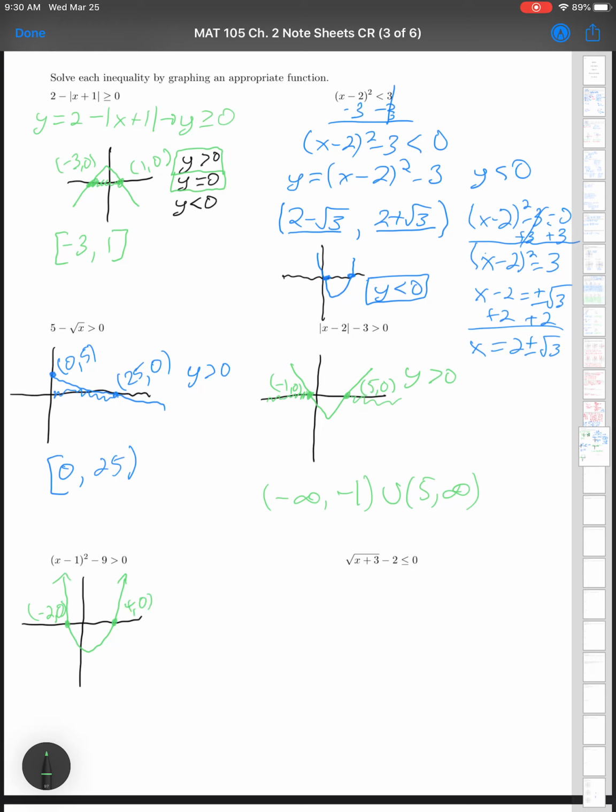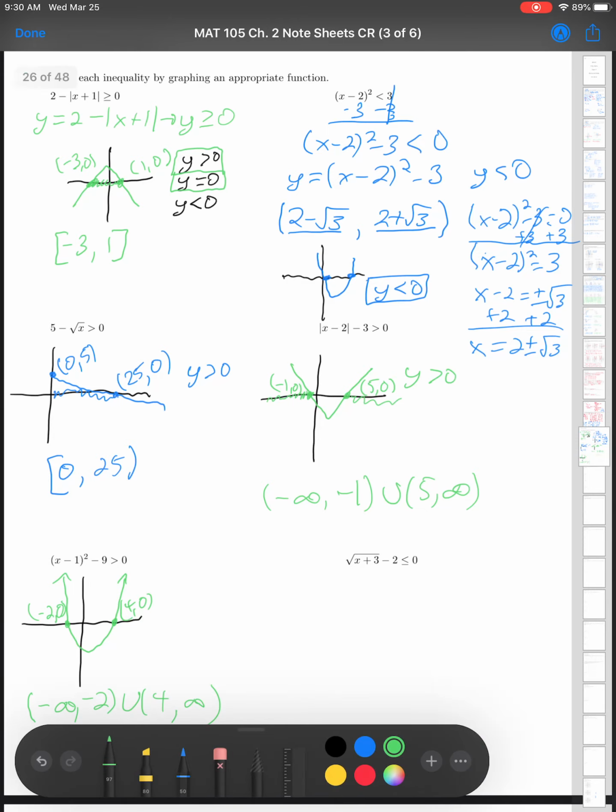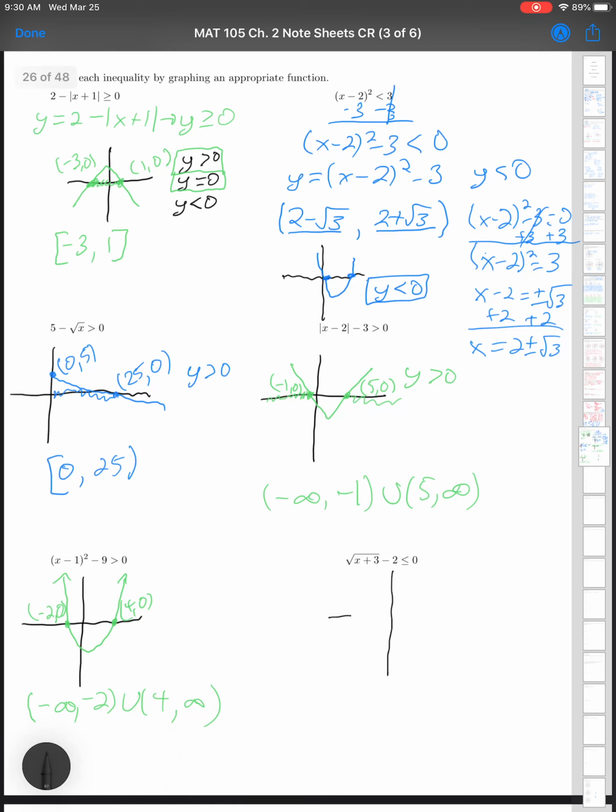So the graph should have looked something like this. And 4, 0. And so in this case, once again, we want to be greater than 0. So that's the parts that are above the x-axis. And I'm not going to include the endpoints because it's not or equal to. So this one would be -infinity to -2, union 4 to infinity.